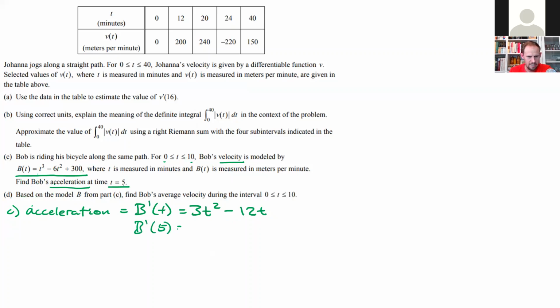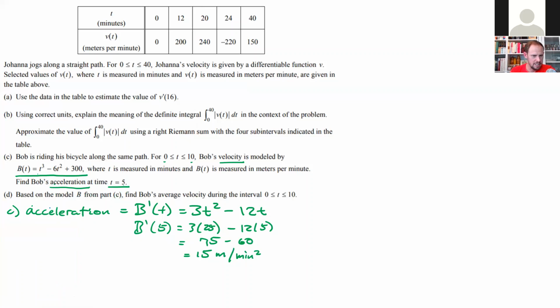B prime of 5 equals 3 times 25 minus 12 times 5. So that's 75 minus 60. So that looks like 15. And this is acceleration, so meters per minute squared. And it just said to find it, didn't say to interpret it or anything, so there it is. If we had to interpret it, we'd say at time t equals 5 minutes, Bob's acceleration is 15 meters per minute squared.